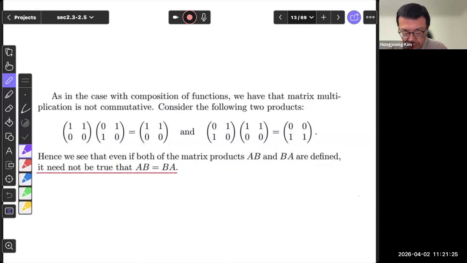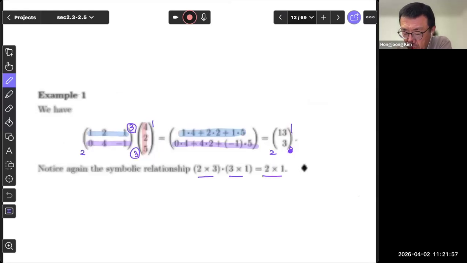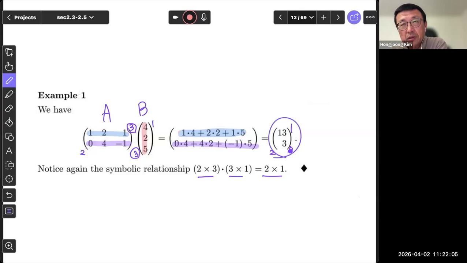Now, when I multiply these two matrices in that order, you get this one. But if I switch the order of the two matrices, you get a different matrix. So in general, the commutative law does not hold. Actually, we can consider this example one more time, because in this case, A times B constructs this vector.